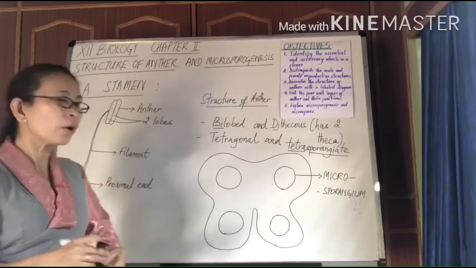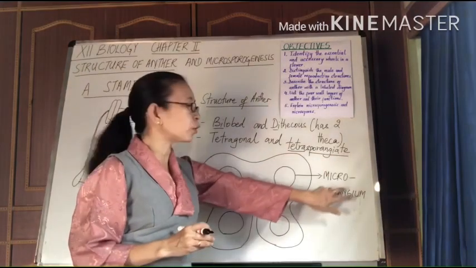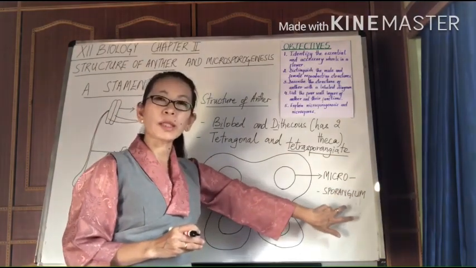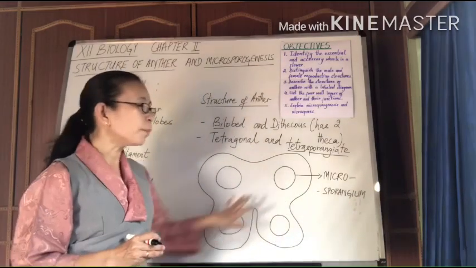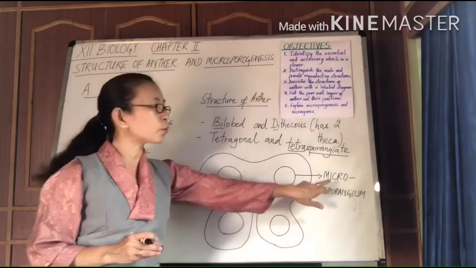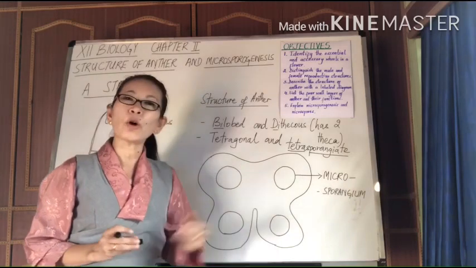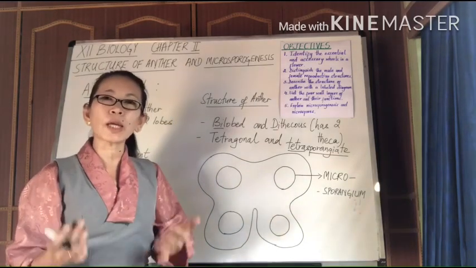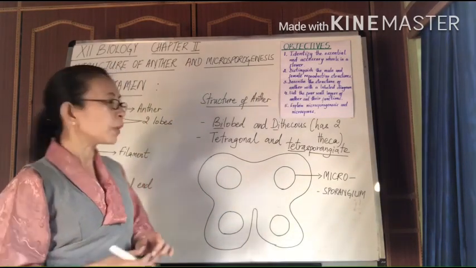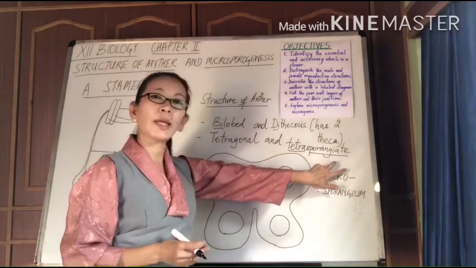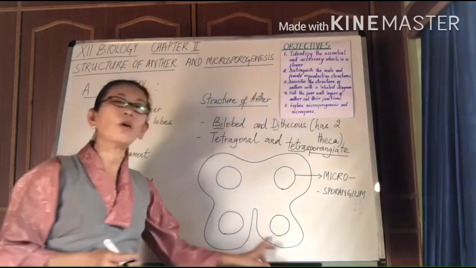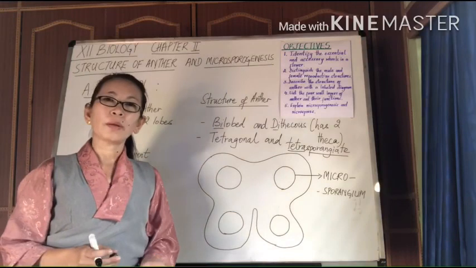Tetra means four, and sporangiate refers to the microsporangia. So we have four microsporangia, right? Microsporangium refers to one sporangium. Microsporangia is the plural of microsporangium. So tetrasporangiate is because it has four microsporangia, right?